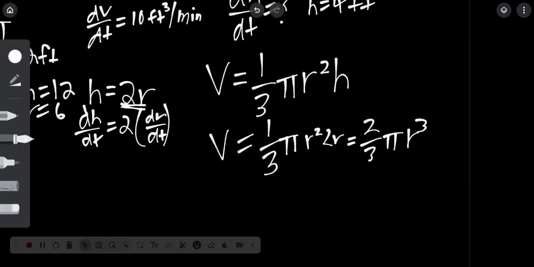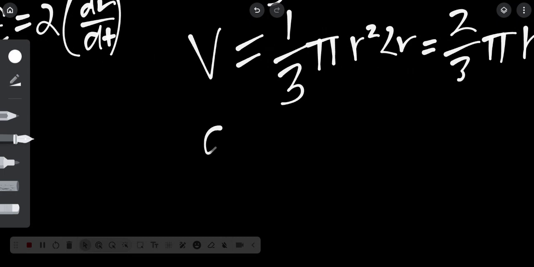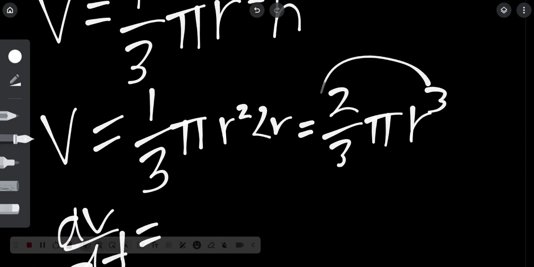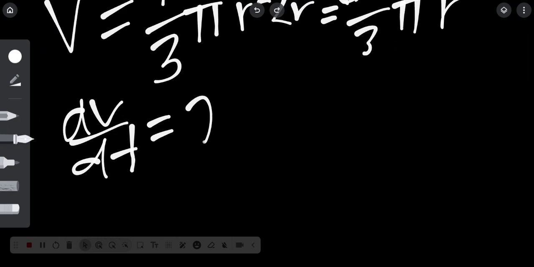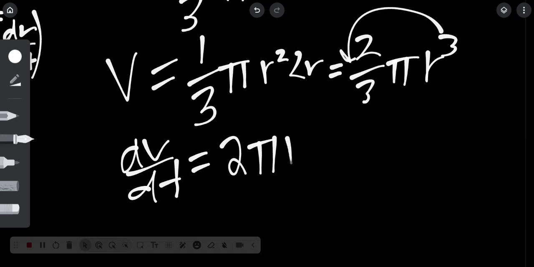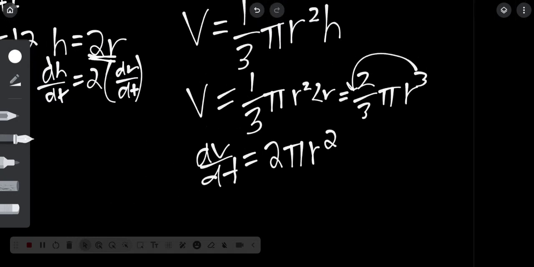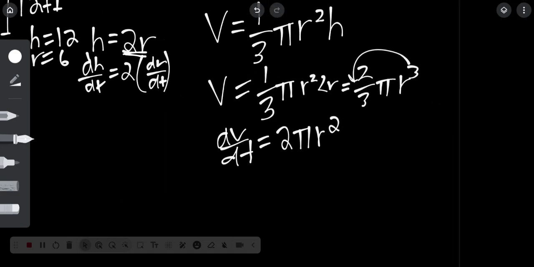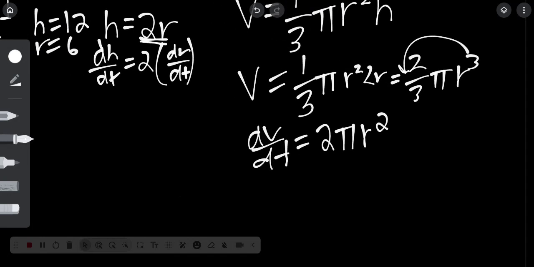Now if we take the derivative of this, you get dV/dt is equal to, using the power rule, you bring this down, so it'd be 2 pi r squared. Sorry about that, 2 pi r squared, this is right.